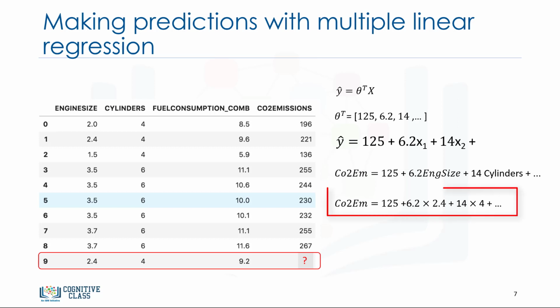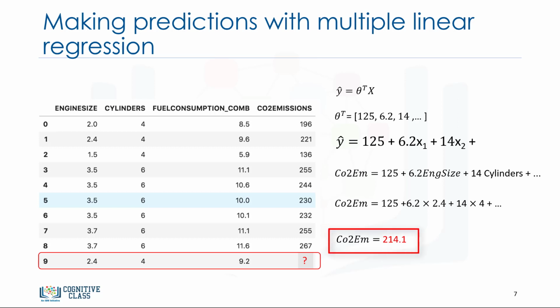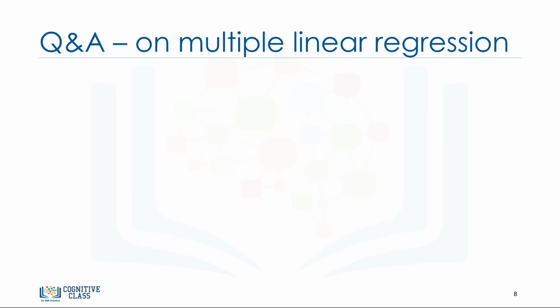So, CO2 emission equals 125 plus 6.2 times 2.4 plus 14 times 4, and so on. We can predict the CO2 emission for this specific car would be 214.1.